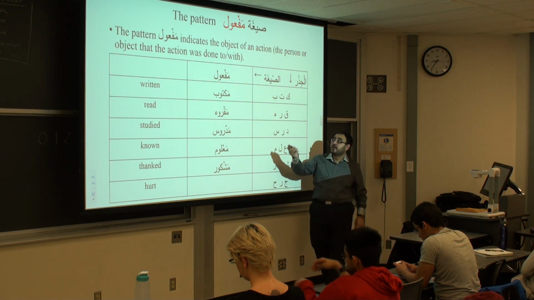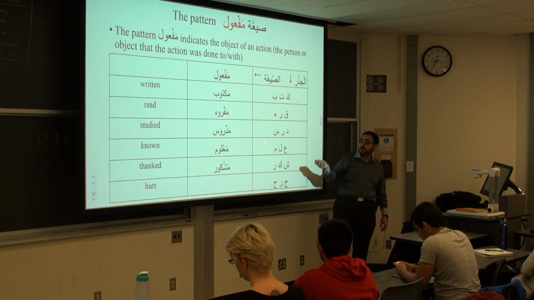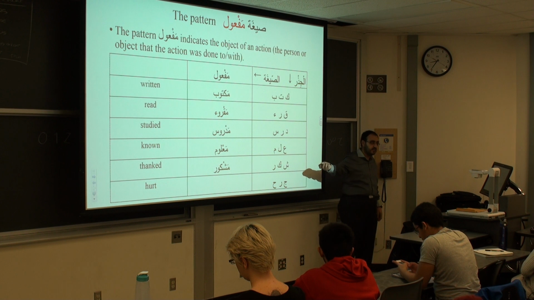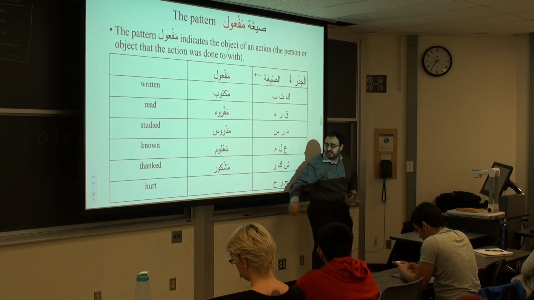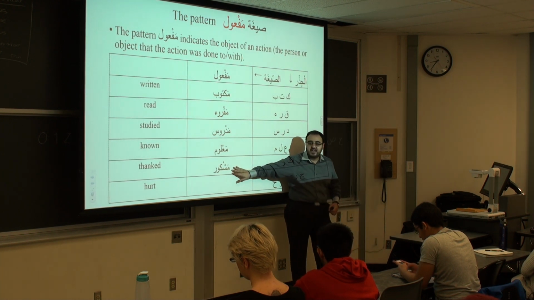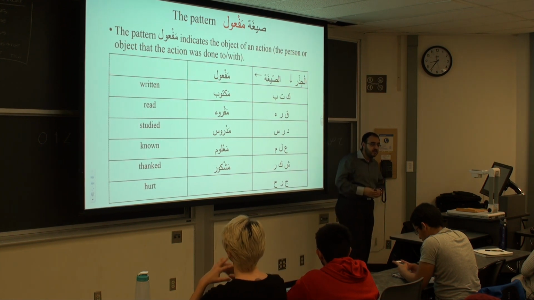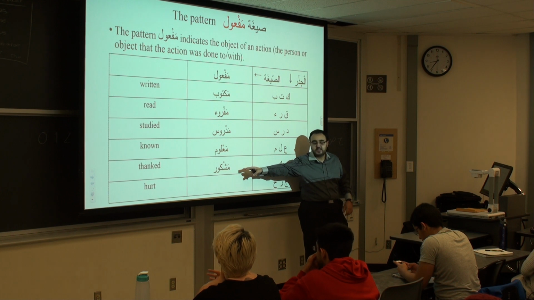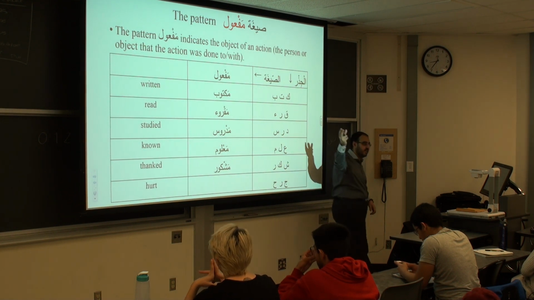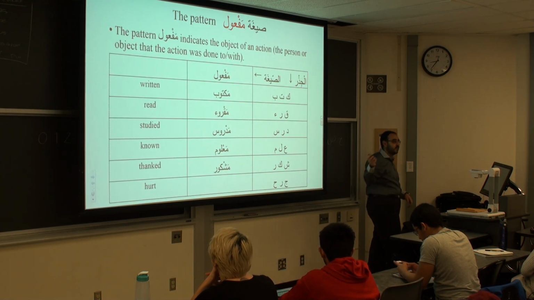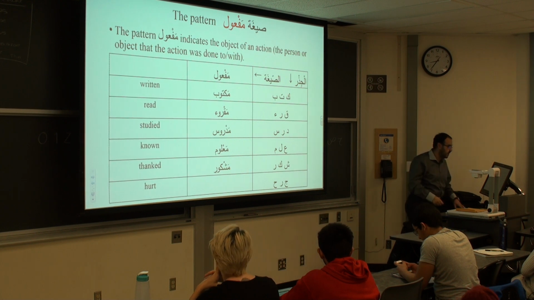You can replace the fa, ayn, lam with the three letters of the root to get the word, or if you have this word and you're asked to weigh it according to the morphological scale, you will replace the three letters of the root with the fa, ayn, lam, and add the extras to get the morphological weight of this word.